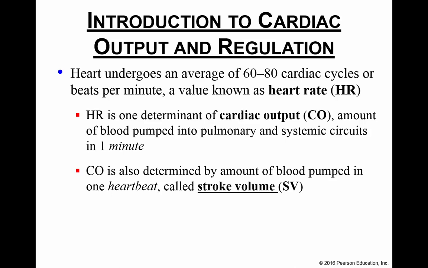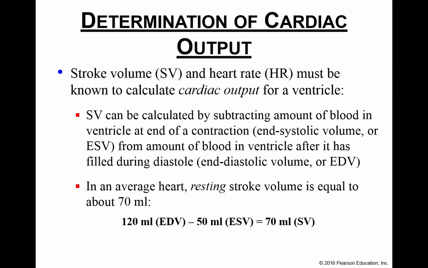Cardiac output is how much is pumped out of the ventricles in 1 minute. How much is pumped out in one heartbeat is your stroke volume. So your stroke volume times how many cardiac cycles your heart beats in a minute gives you your cardiac output.